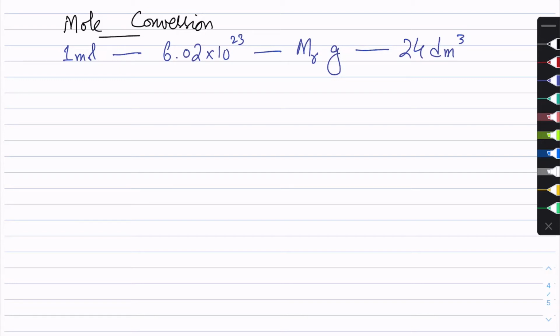Okay, so this is an MCQ question. It came on mole conversion. The question said that a student has 6.5 mole oxygen gas. I don't remember, let's take it as nitrogen gas.